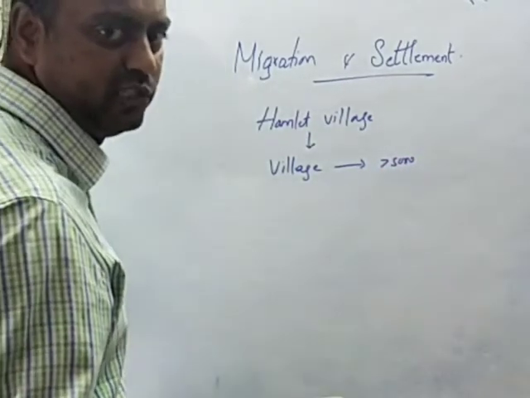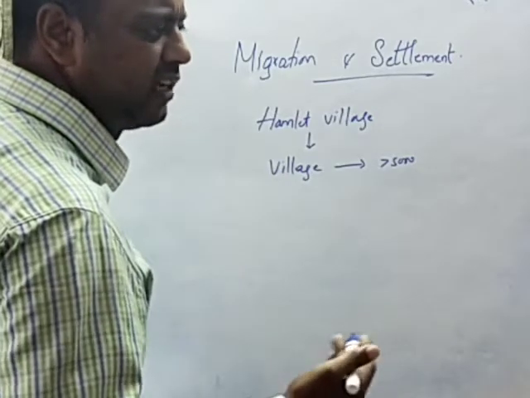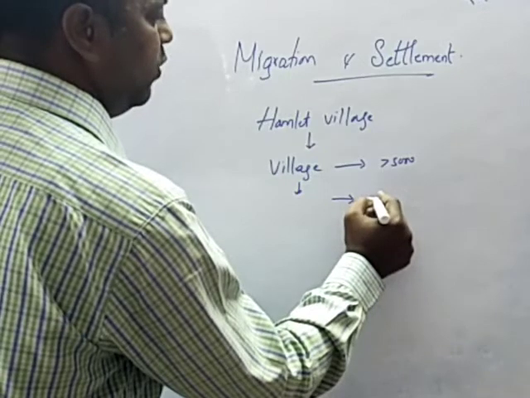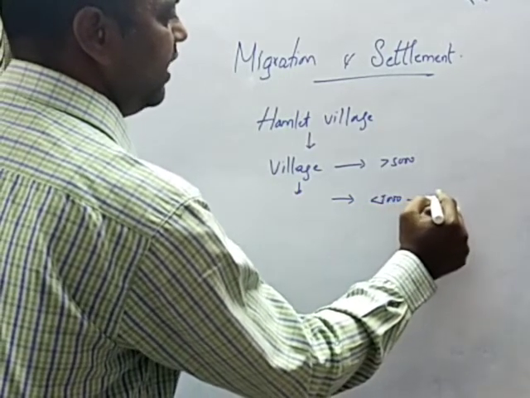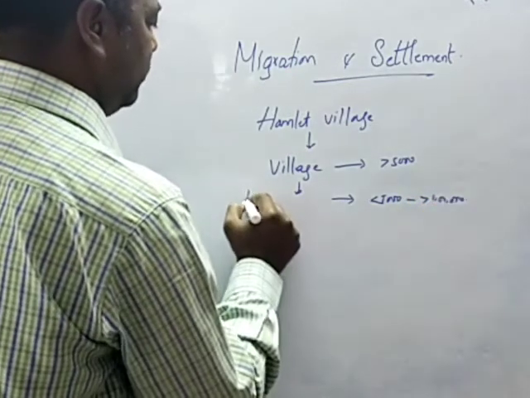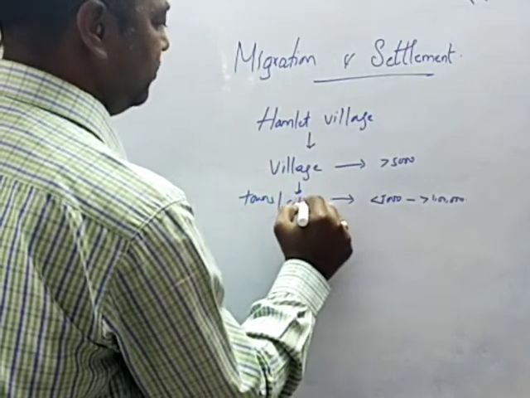Generally it has a population of less than 5,000, and if it is above 5,000 it is called a major gram panchayat. If the population is more than 5,000 and less than 1 lakh, then they are called towns, or we also call them cities.